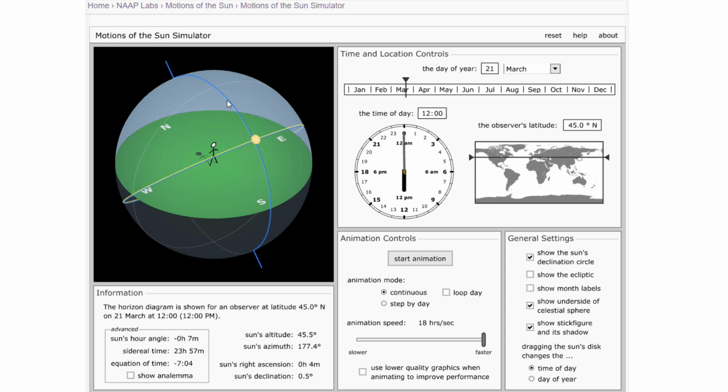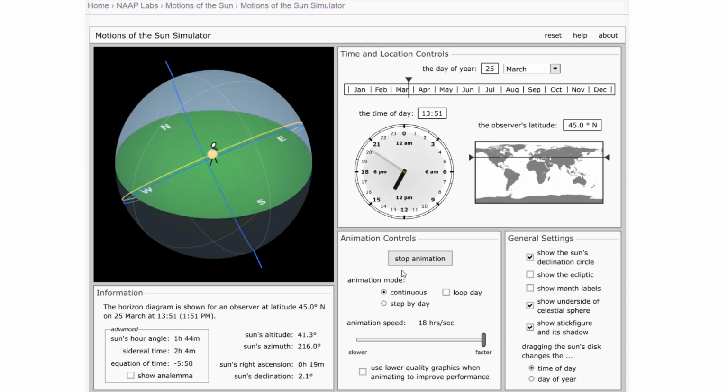And there's another blue line underneath the yellow. That's the zero declination. The yellow line is the Sun's declination. It's the Sun's daily path. Now let's start the simulation. You will see the Sun moving.